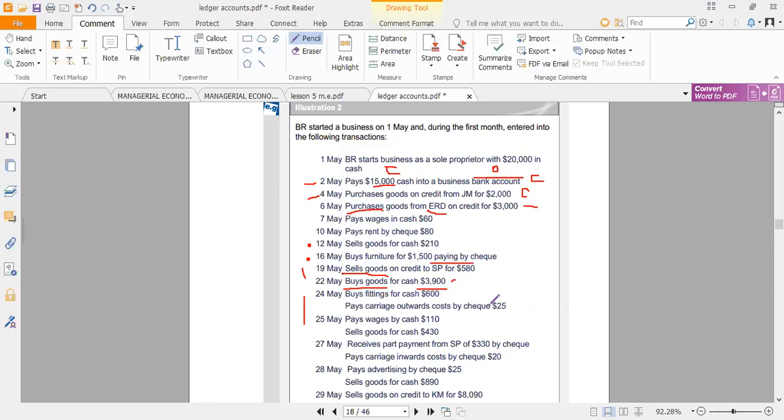The cash account in this case is credited. Then the other account, fittings, is debited. Excellent, because the fittings are what? These are our assets. It's a fixed asset. For assets, to increase them, we debit.